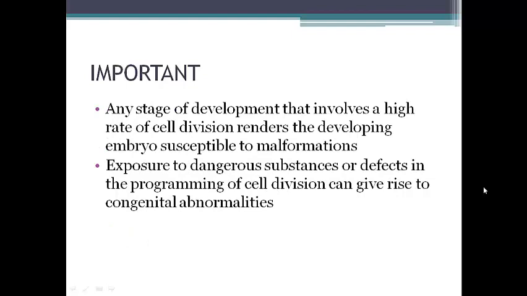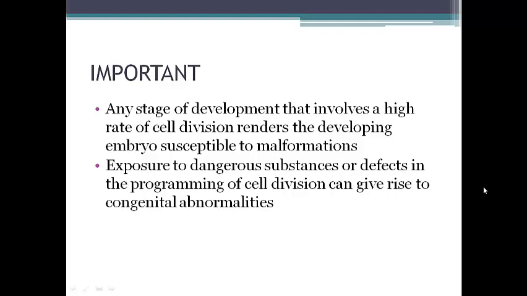Now, before we move forward, there's an important note that I need to make: keep in mind that any stage of development that involves a high rate of cell division, whether it's the initial germinal period or the embryonic period, means that the developing embryo is susceptible to malformations. So basically, if something is happening very quickly, anything can interfere with that process and completely mix it up.